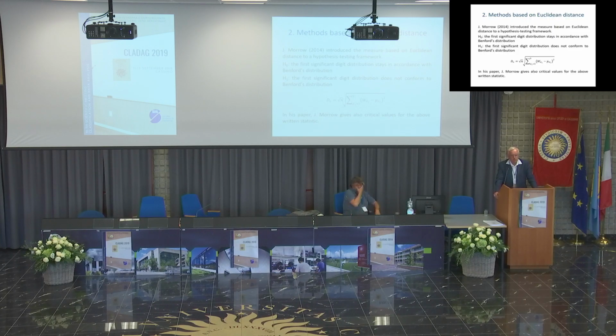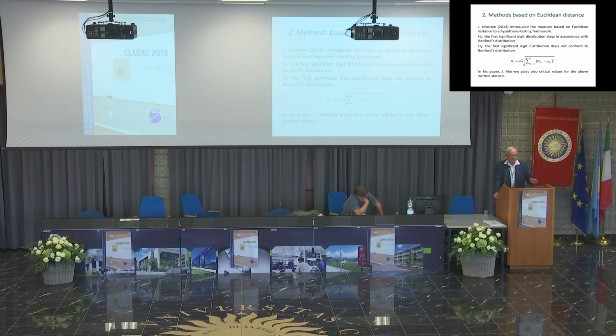Morrow introduced the measure based on Euclidean distance as a hypothesis test. The H0 hypothesis: the first significant digit distribution stays in accordance with Benford's distribution. And the alternative: the empirical distribution of the first digit does not conform to Benford distribution.